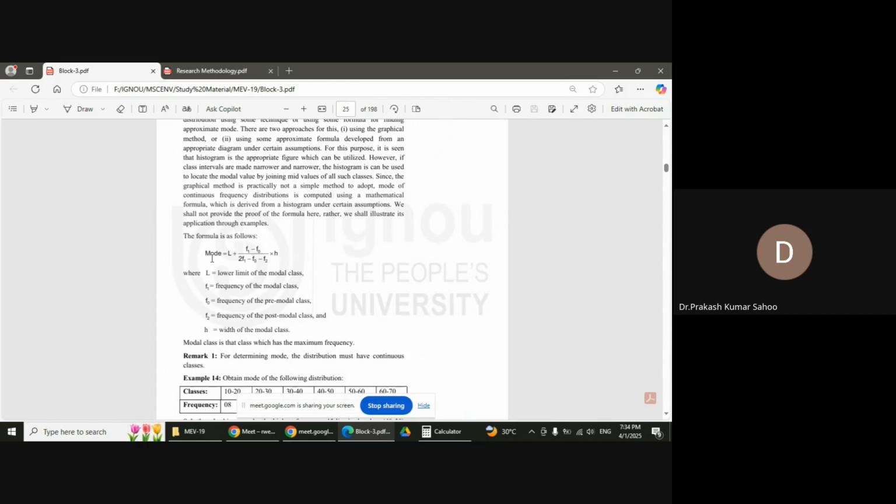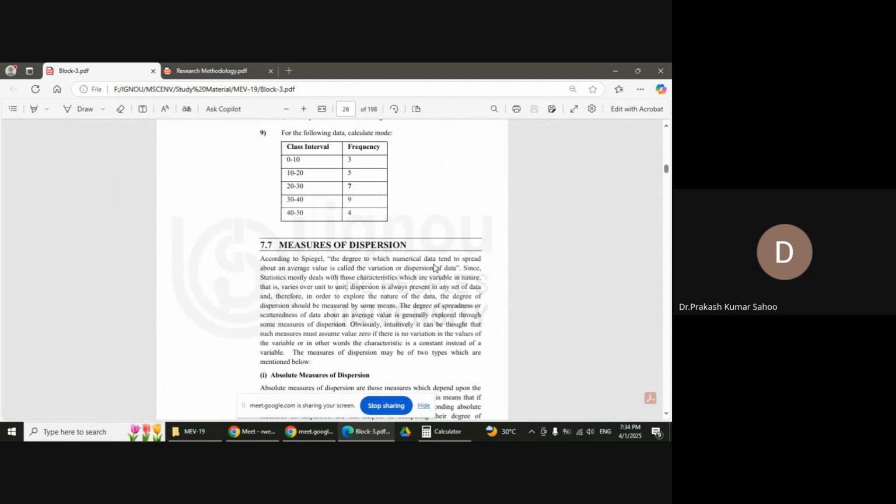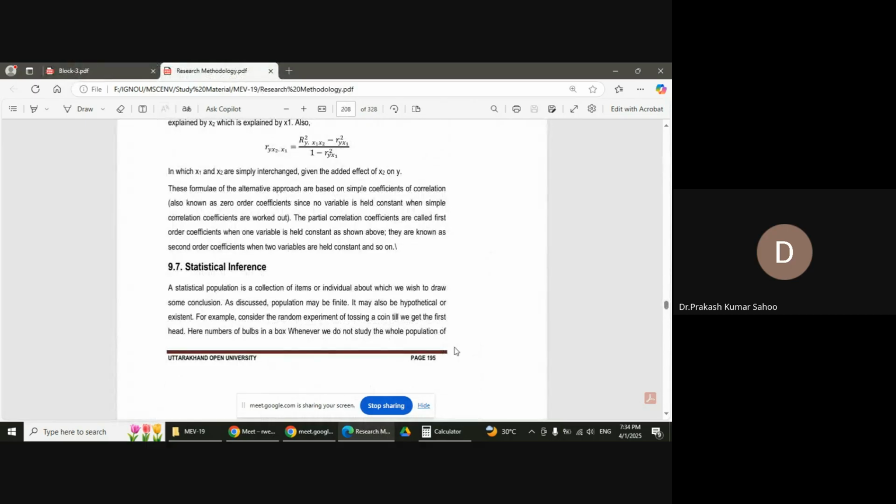Just see here, mode L plus F1 minus F0 by 2 F1 F0 F2. These are very complicated. So to make your understanding clear, I have just downloaded this PDF from the University of Uttarakhand site. This is also an Open University, Uttarakhand Open University, and its materials are very good.